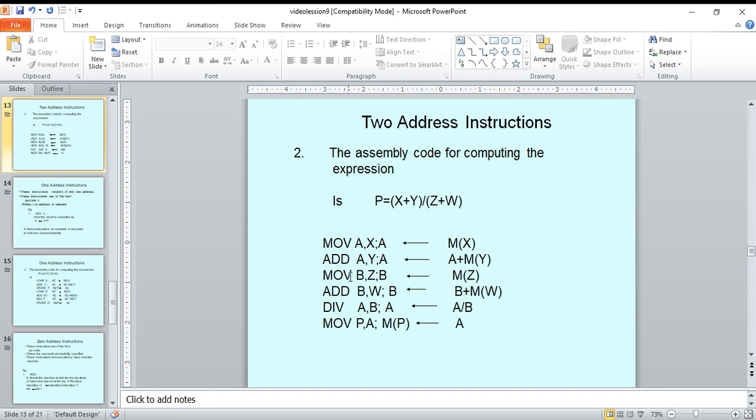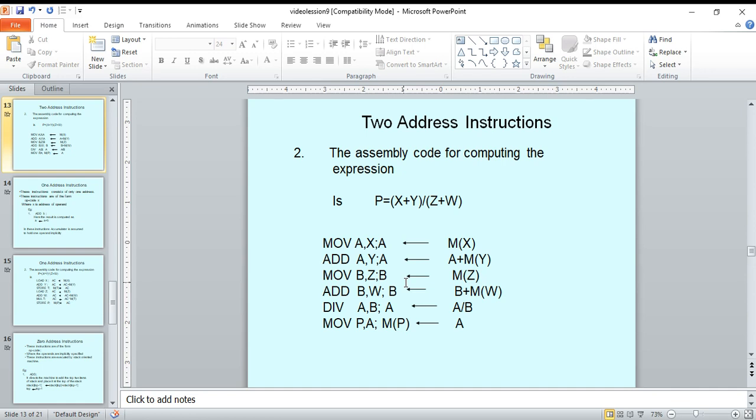For that we write the instruction MOV B comma Z, so M of Z: at memory location Z, whatever data is there is moved to the register B. Then we perform the addition of the B register and memory location W, so ADD B comma W. Here B plus M of W: from this memory location you get the data, and that data is added to the B register value, and after this operation finally the result was moved to the register B.